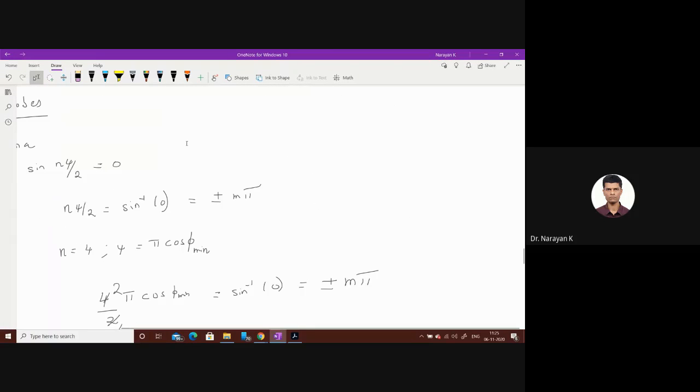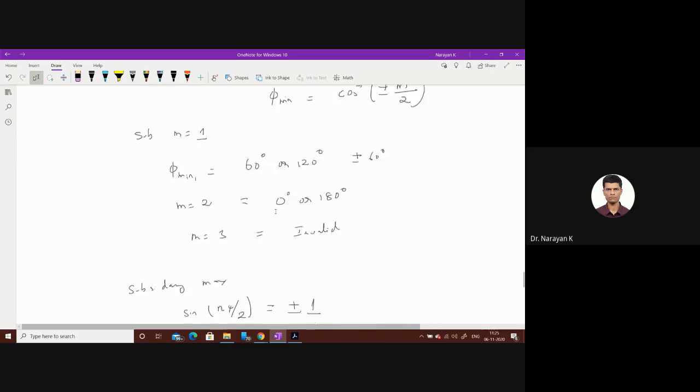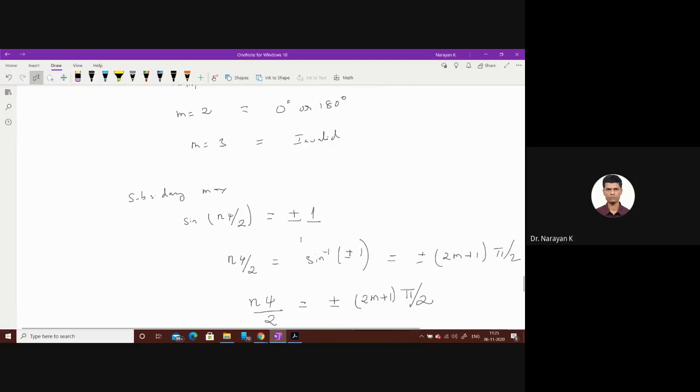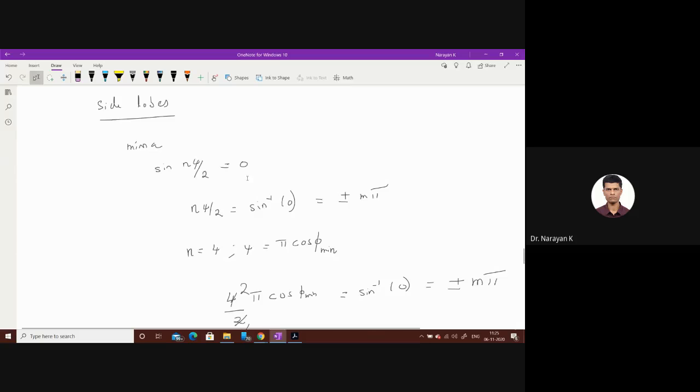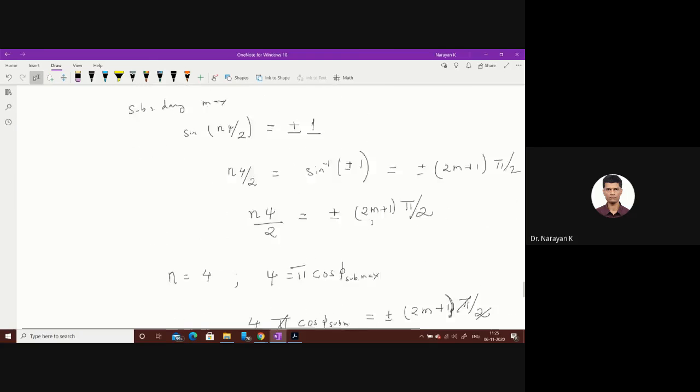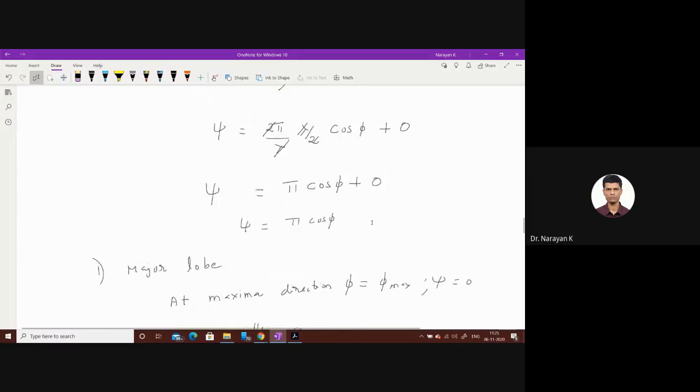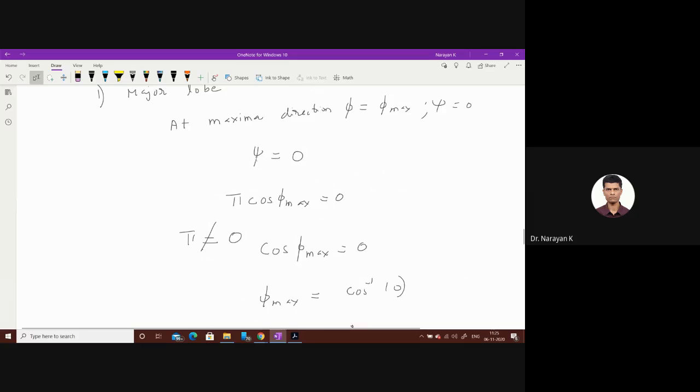So if you want to derive it, substitute sin(n psi/2) equal to 0 for the minimum direction. And for the subsidiary maximum, substitute it equal to plus or minus 1. That time you have to use (2m+1) pi/2, or you have to use m pi when you are substituting it to 0. Is it clear? And for the major lobe, you have to substitute psi equal to 0, not psi equal to 1.